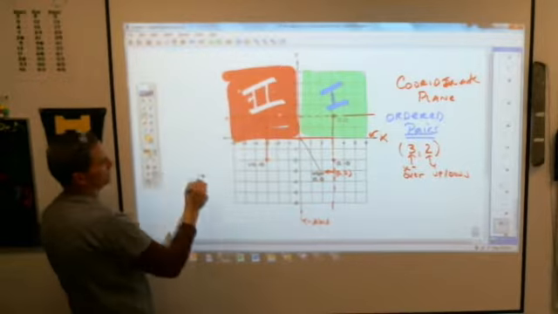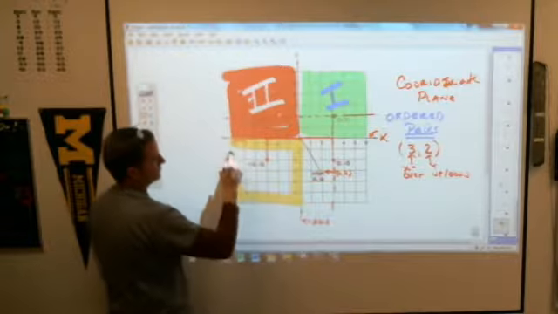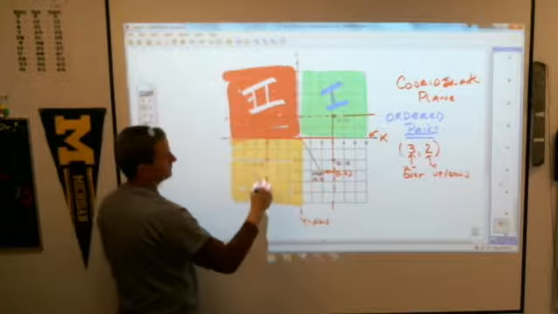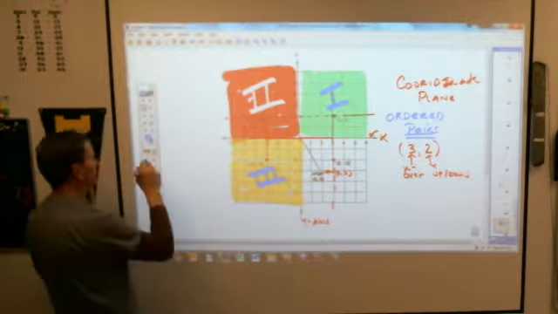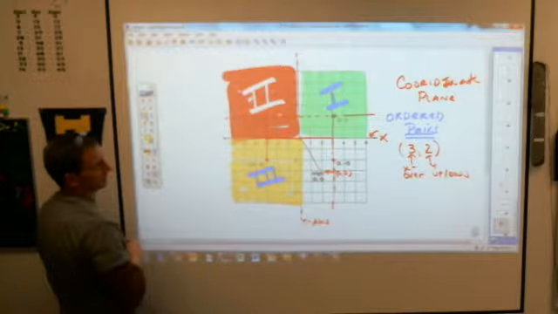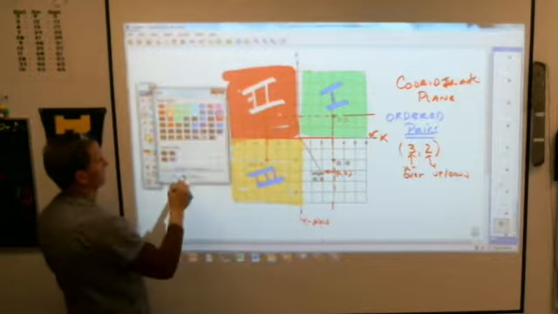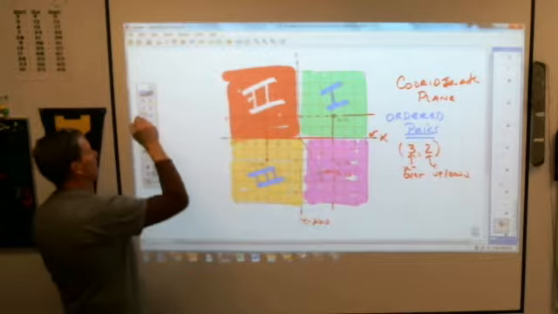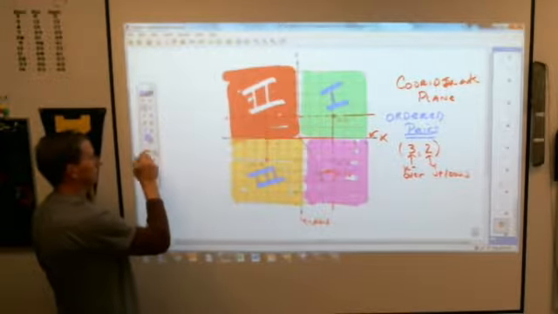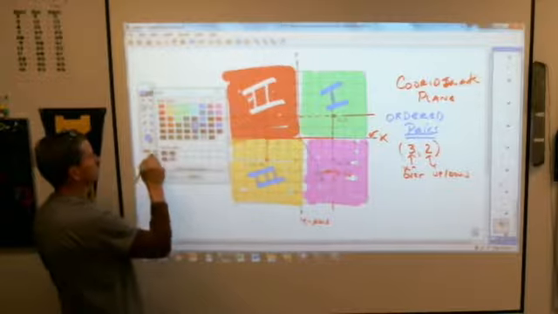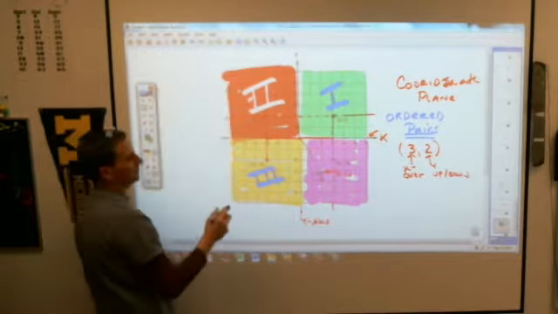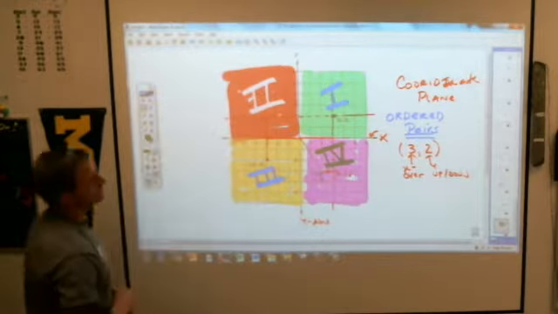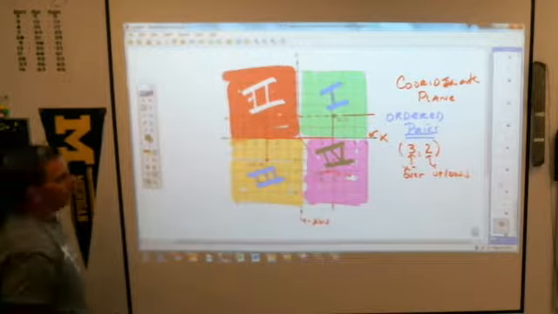This one right here is quadrant number 3. And the last one there, anybody know how to make a 4 in Roman numerals? It's not 4 slash marks, it's IV, quadrant number 4.